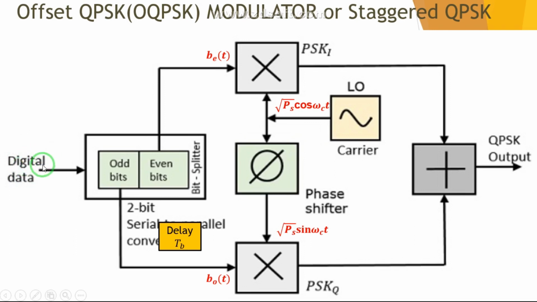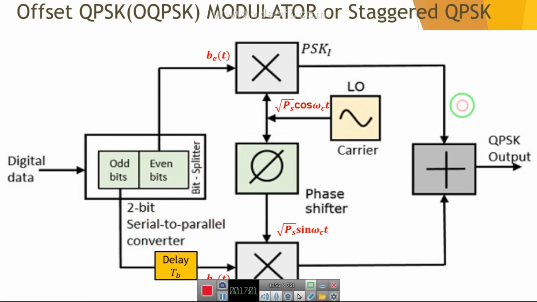Say it is a digital data, or b(t). So that could be +1 for logic 1 input, and it could be -1 for binary input equal to 0. Now over here, this block is nothing but your 2-bit serial to parallel converter.